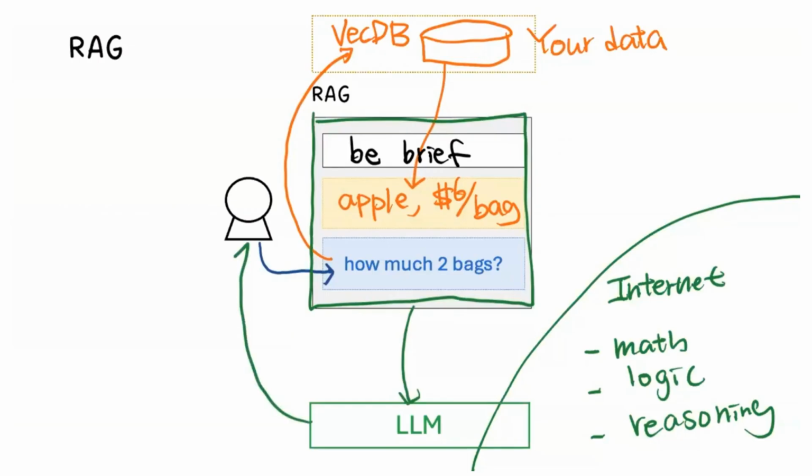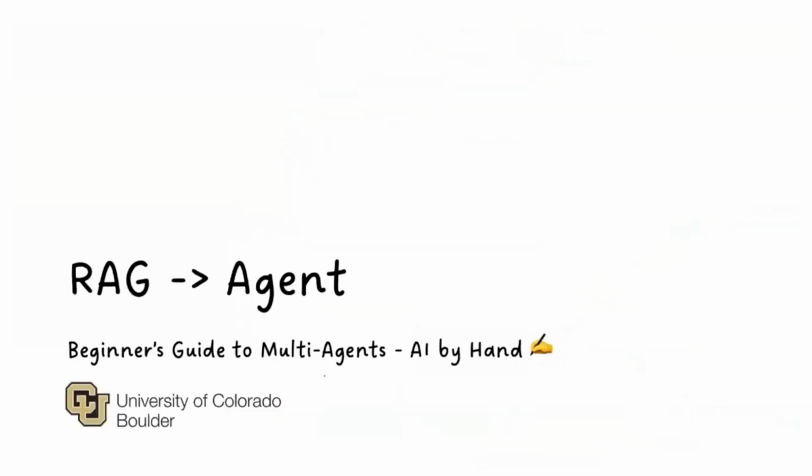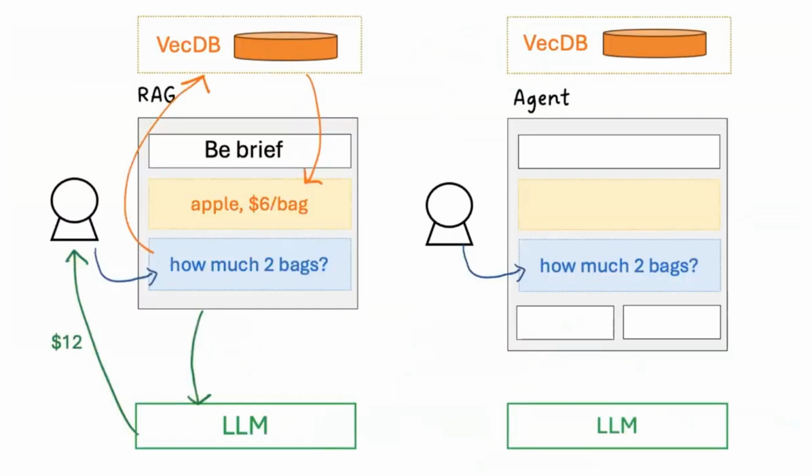And then it goes back to you with the answer. In this case, based on this $6 per bag, the large language model performs logic and some math, and the answer is 12. And it's being very brief, doesn't say anything else, just $12. Okay, so that's RAG.